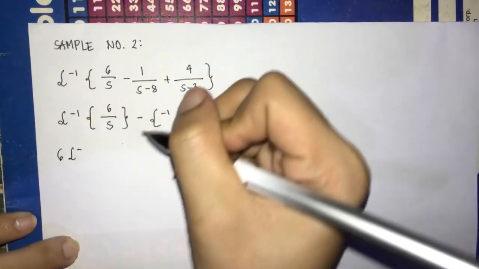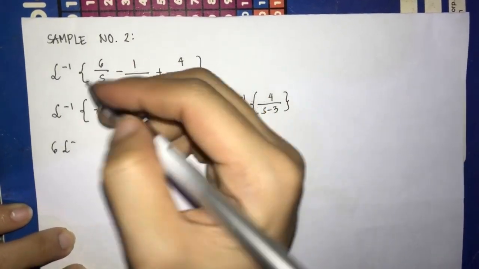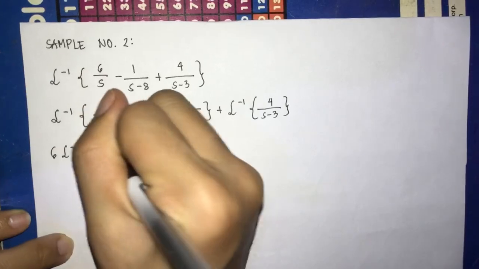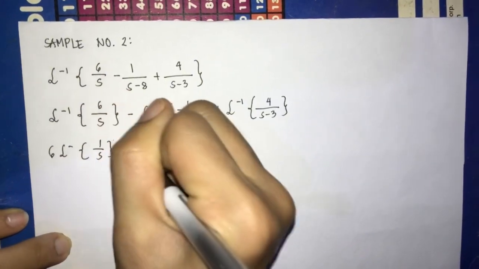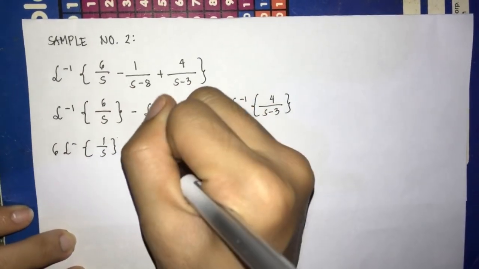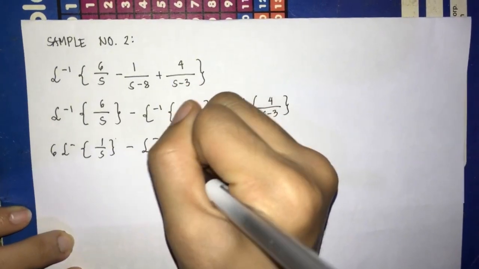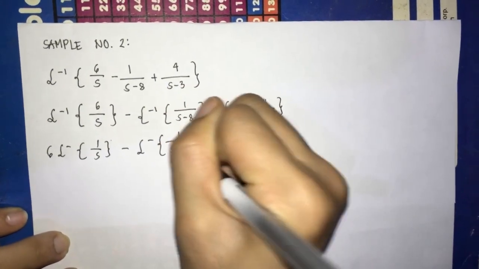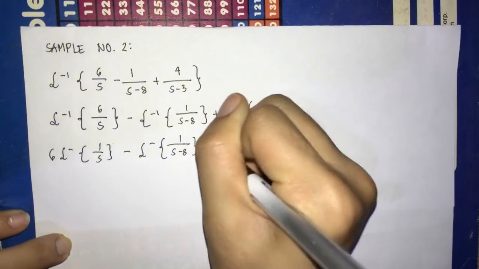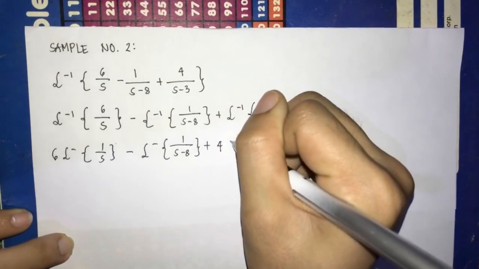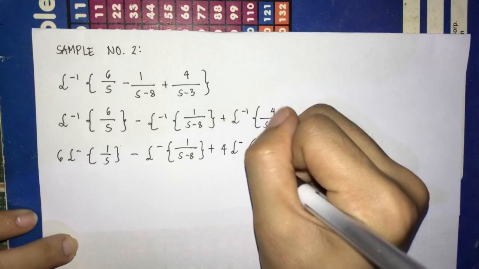Now we can have 6 times the inverse Laplace of 1 over s, minus the inverse Laplace of 1 over s minus 8, plus 4 times the inverse Laplace of 1 over s minus 3.